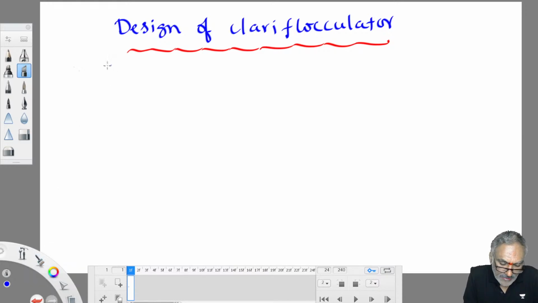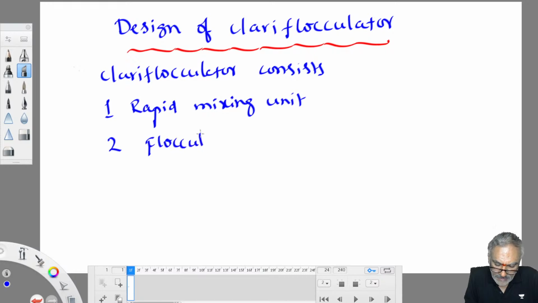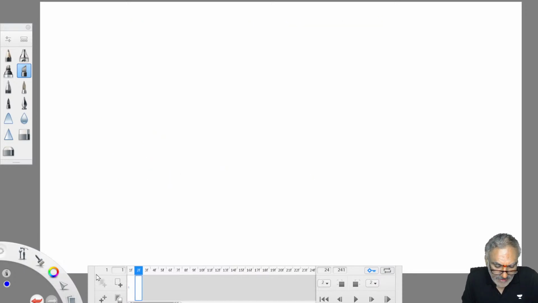All these 3 things together are known as the Clariflocculator. We discussed this in the morning. Let us see them one by one, first the design of the rapid mixing unit.